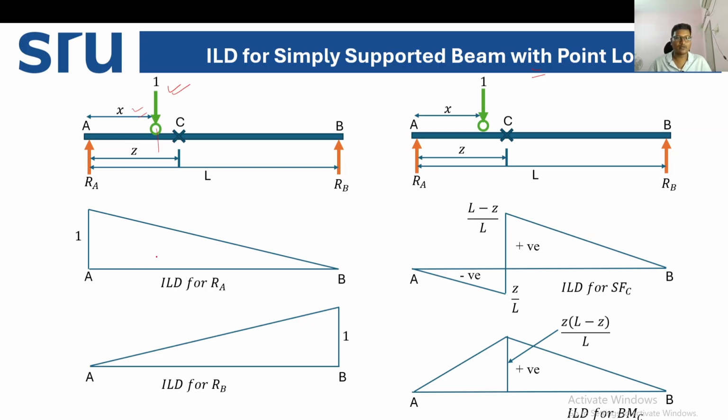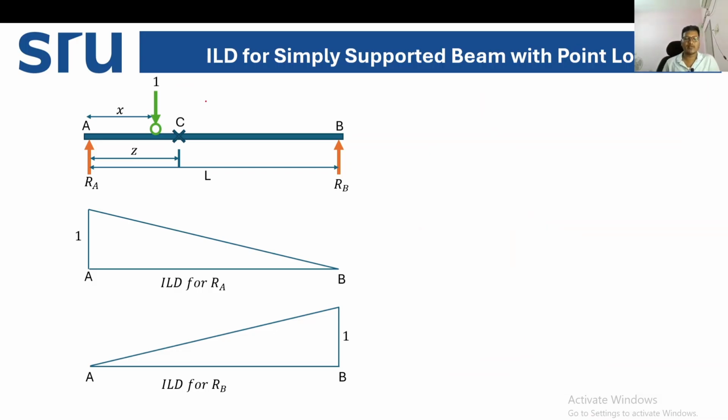How does the influence line diagram for reaction at A look? At A, the maximum unit value will be there, and at B it will be 0. Similarly, the opposite for reaction at B. This is the shear force at C. We are calculating shear force at C, and because of the unit load, this is how the ILD looks for shear force at C, and this is the ILD for bending moment at C. We'll see now how the influence line is constructed.